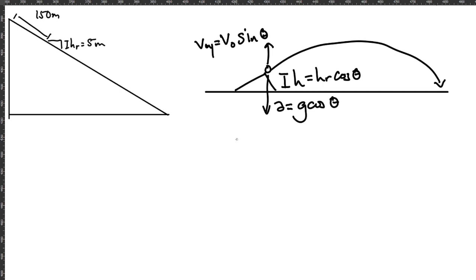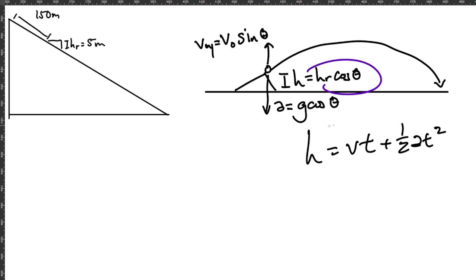Alright, so now we have the basic components mapped. What are we supposed to do from here? Remember the kinematic equation of h equals vt plus 1 over 2 at squared, right? Alright, let's work off of this. Our initial height, or actually the height difference, is going to be the negative of this, right? Because we start from here and we go below that.